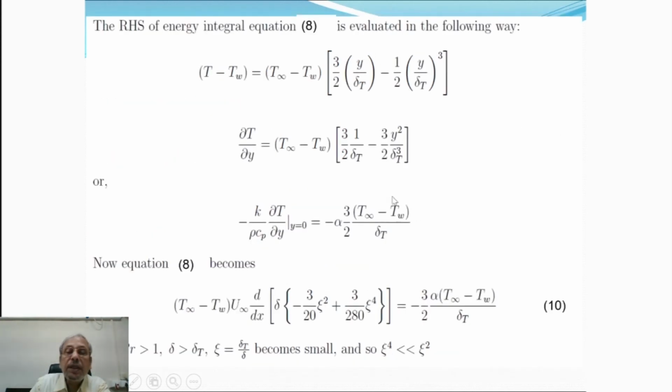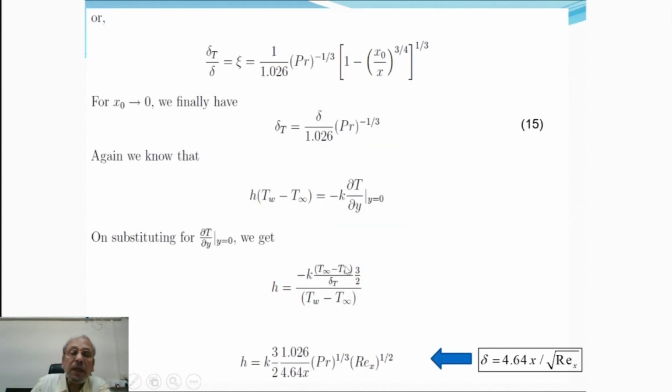We can see while evaluating delta T. So let us recapitulate that. Minus k del T del y is given by T infinity minus Tw by delta T into 3 by 2, and Tw minus T infinity comes from this side. Then this negative sign is taken care of in order to make this Tw minus T infinity.